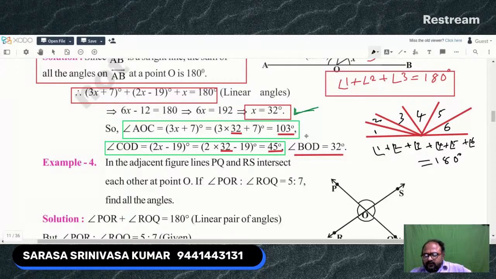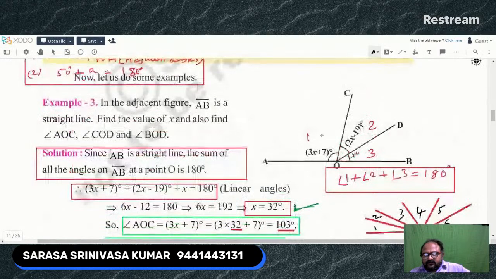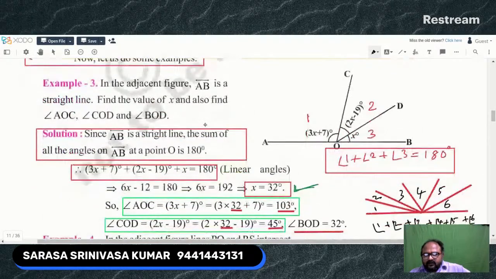So this is how you can answer the question in example 3. You just observe this. AB is a straight line, and on this straight line, you have considered two rays. OC is a ray, and OD is also a ray.